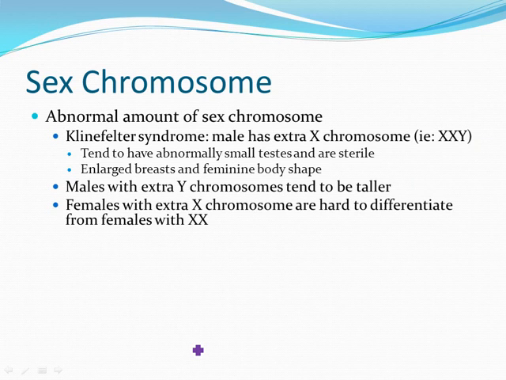Go ahead. So this is different from a hermaphrodite? No, different from a hermaphrodite because they still have their genitalia. However, they don't have both genitalia. They only have male genitalia. It's the secondary features for Klinefelter, meaning not their genitalia, but the breast size and stuff like that tends to be more feminine.